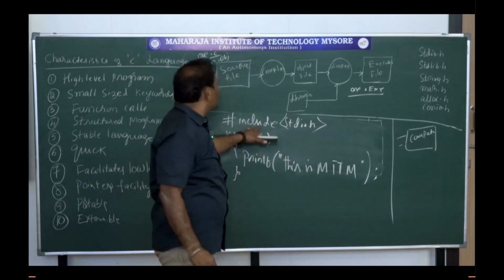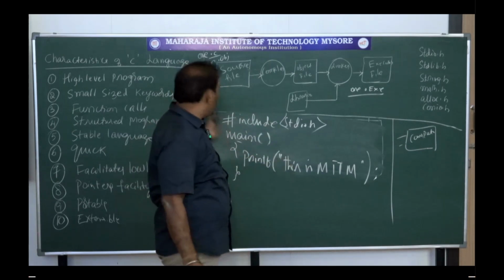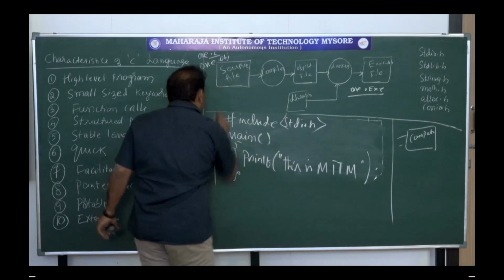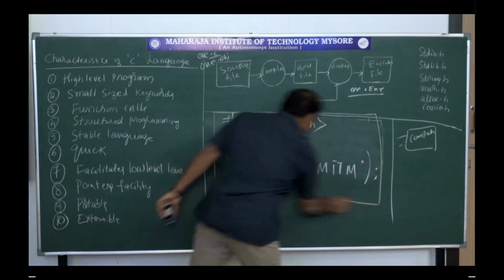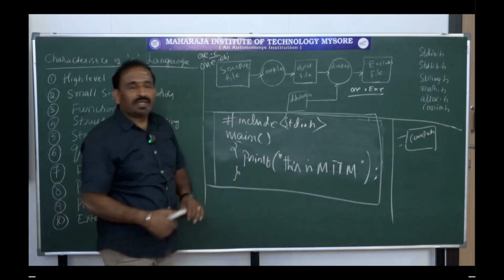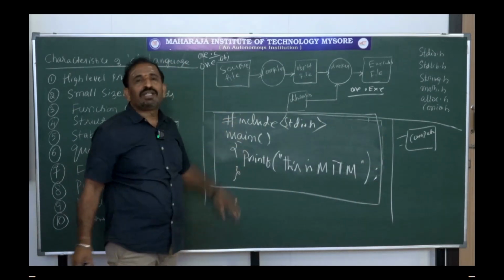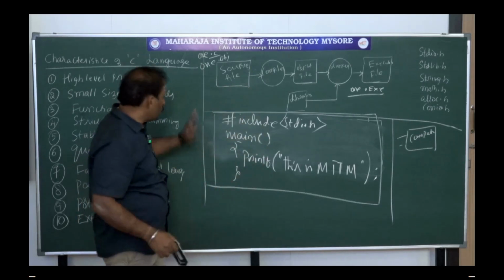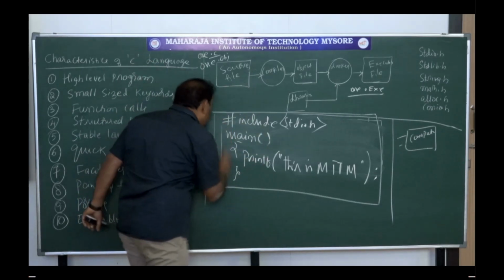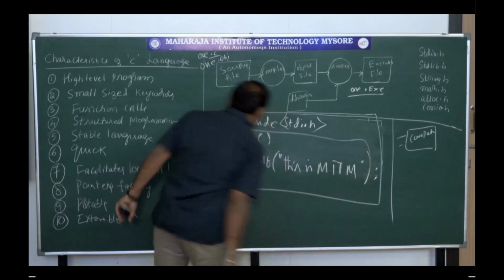Don't worry about the syntax of the program, but try to look at this C program. When you run this, it will be executed. Basically, the body of the program is only this.